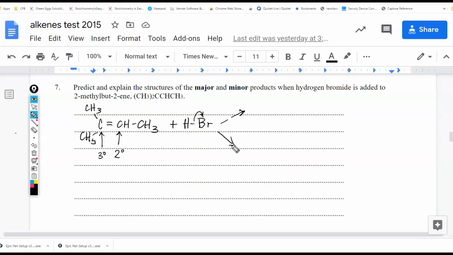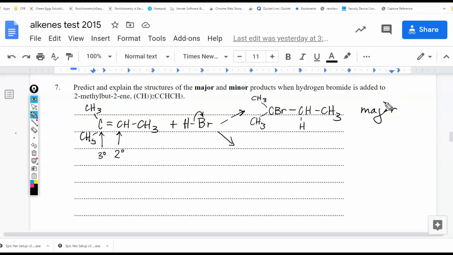So what we have here is the Br on this one is going to go on the CH3, and I'm going to have to draw it all out again, CH3, C, and then this becomes the Br, CBr, which is now single bonded to the CH, which now has the extra H attached to it, followed by the CH3. Okay, so that's our major product there.